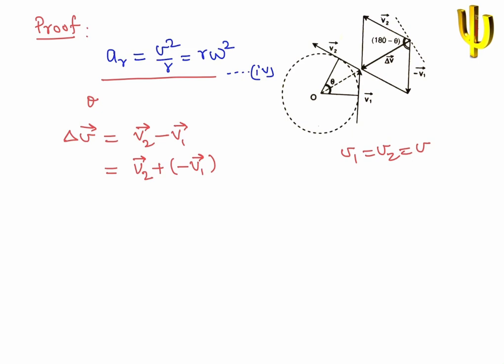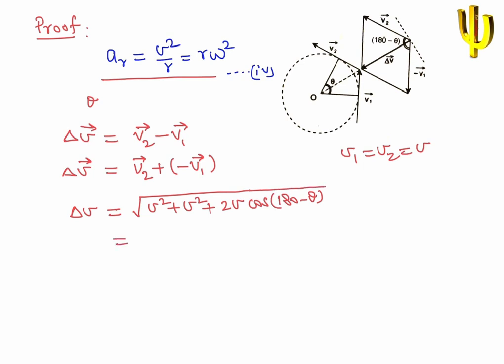Since the magnitude of the velocity of the particle is uniform, this equation becomes delta v is equal to square root of v square plus v square plus 2v square cos of (180 minus theta), which is equal to v square root of 2(1 minus cos theta), implies that delta v is equal to 2v sin theta by 2.